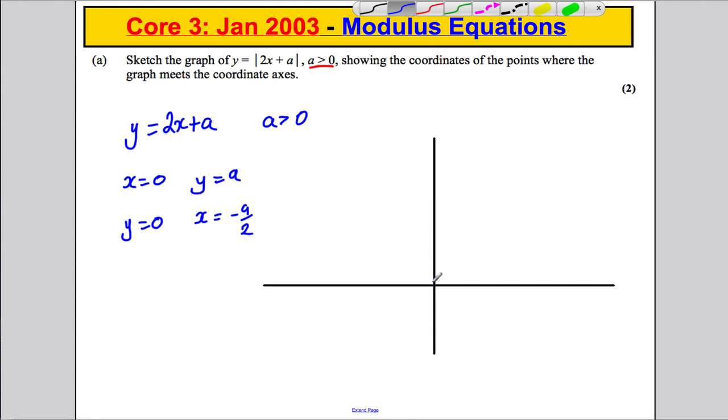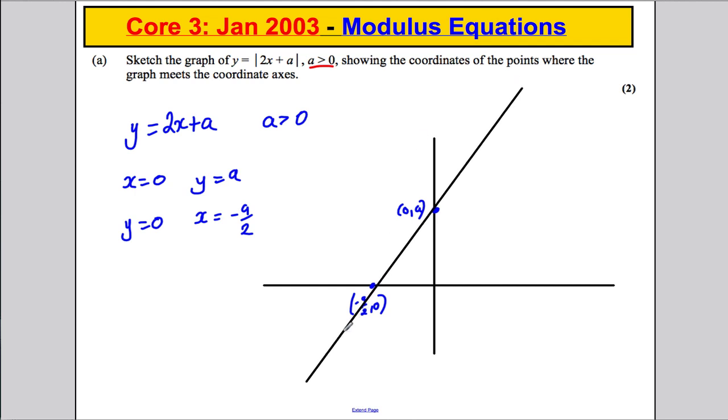When x is 0, y is equal to a, so it'd be somewhere like here. And we also know when y is 0, x is negative a over 2. So it would go through somewhere like here. This would be negative a over 2 and 0. Okay, and the graph looks something like this.